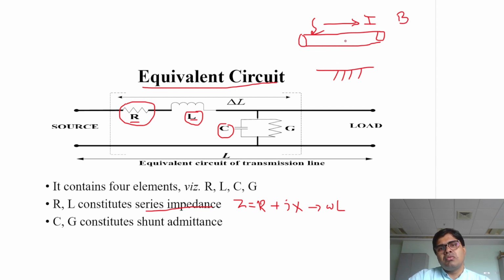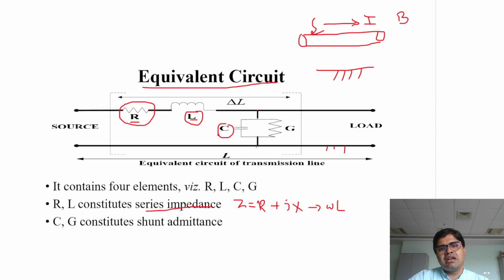So with the conductor and the ground, with air in between acting as a dielectric, this entire arrangement is treated like a capacitance. So a capacitance is shown across the line conductor and the ground.